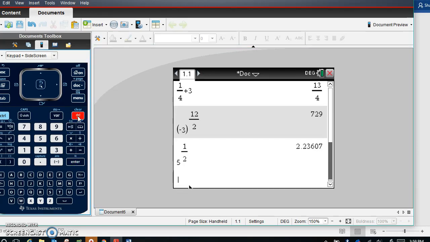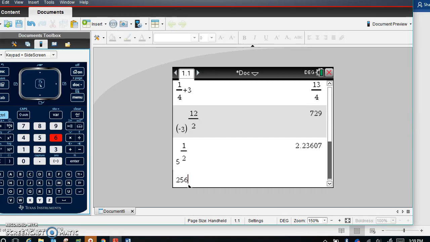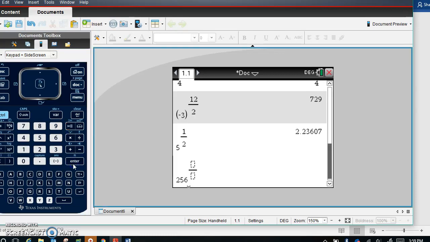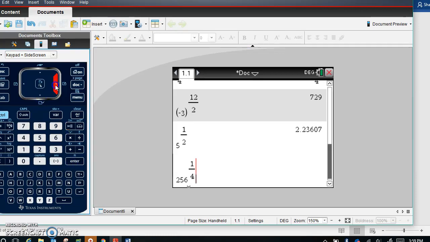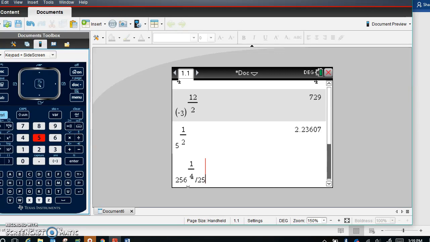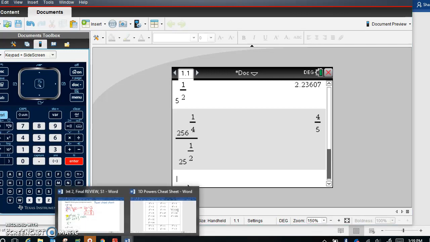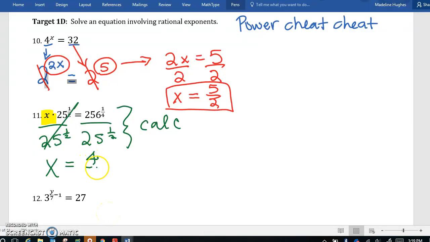So 256 raised to the 1/4 power, divided by 25 raised to the 1/2 power. Enter. We get 4/5. So x is 4/5, and that's it.